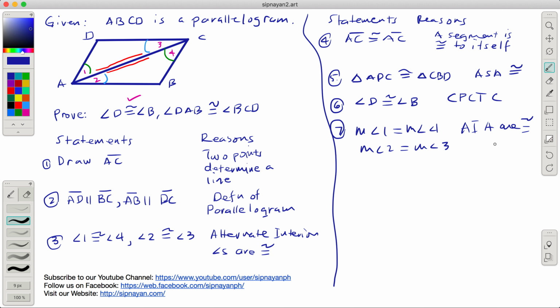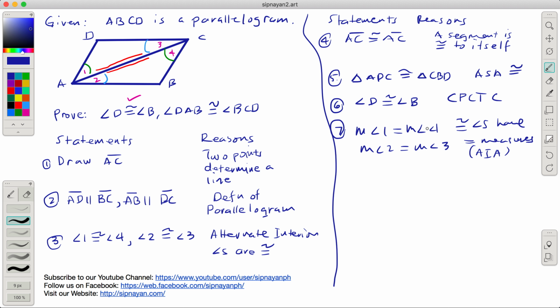Or, another reason for this is congruent angles have equal measures. At naging congruent sila because of the AIA. Alternate interior angles sila. Next, what do we do?